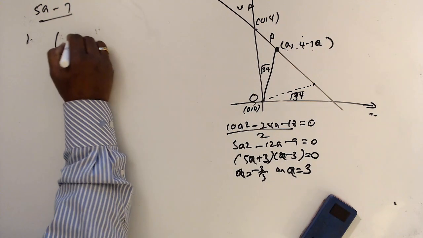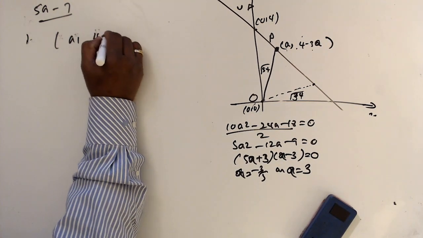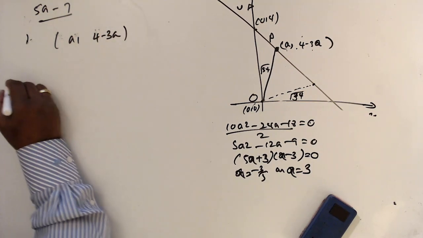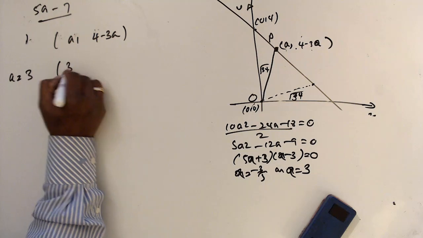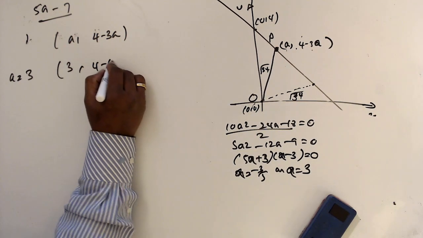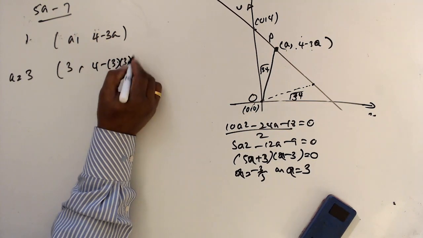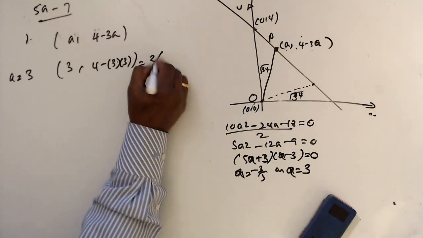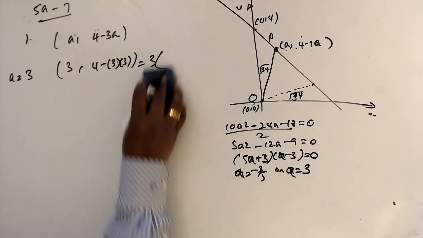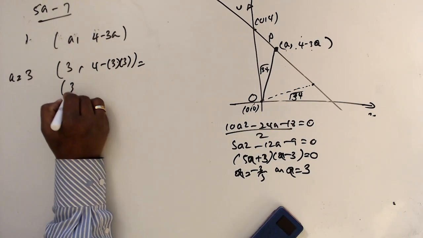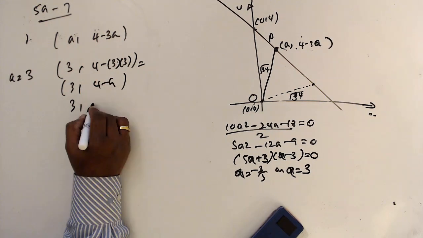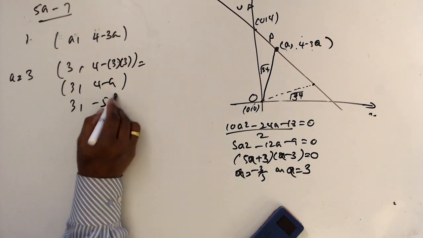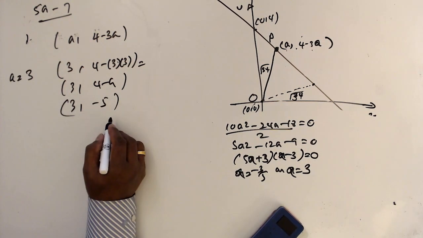So the coordinates are (a, 4 minus 3a). When a equals 3, it is (3, 4 minus 3 times 3), which is (3, 4 minus 9), so (3, minus 5). That is one point.